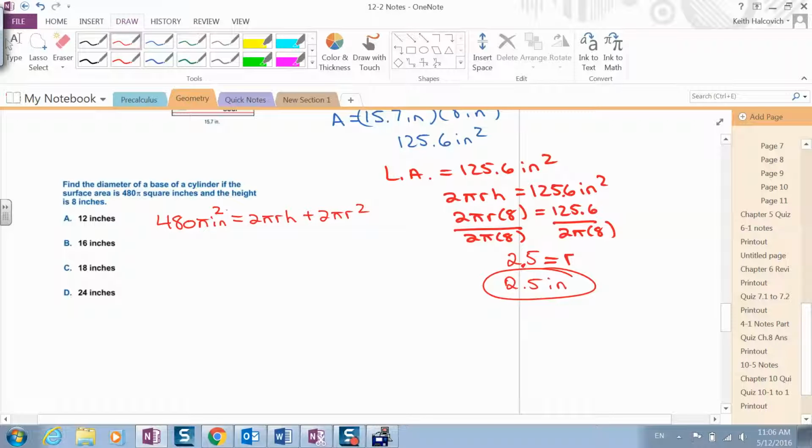We know the height is 8. So when we multiply here, we get 480 pi equals 16 pi r plus 2 pi r squared.